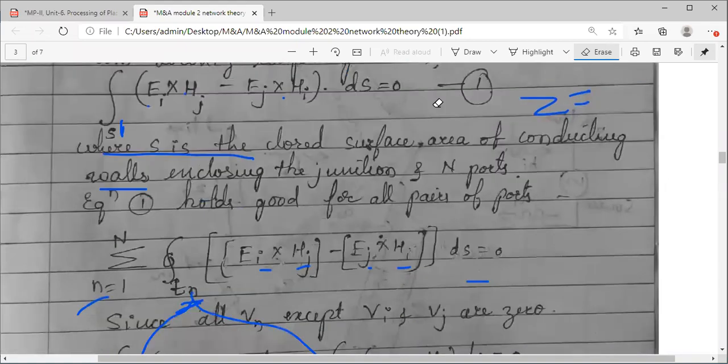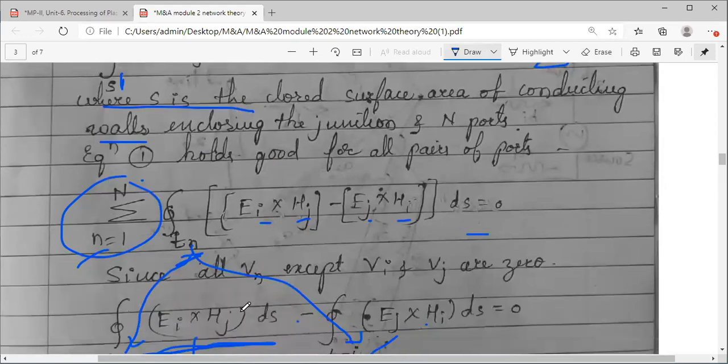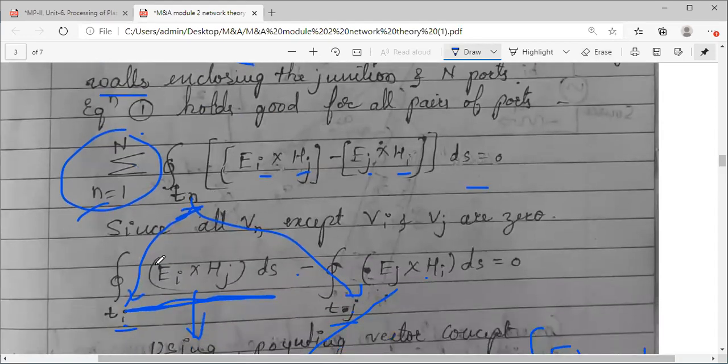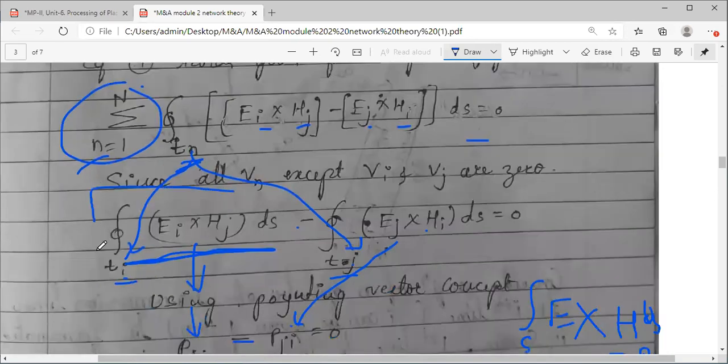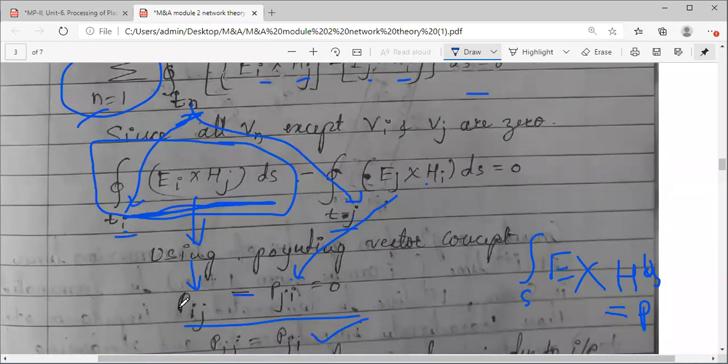For a multi-port, generally I have to take a summation, but for my consideration I want only I and J. So that's why I have taken the integration of Ti and the surface integral of Tj. Okay, but what is this? From the Poynting theorem, this reduces to P, that is power or power density. This is also power density. Only these subscripts will change, Ij and Ji.